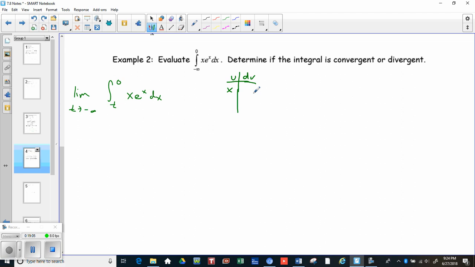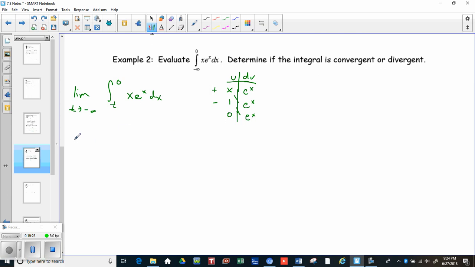So this will be x, that'll be e to the x. Taking the derivative of the left is 1, then 0. The antiderivative, fortunately, of the right is very simple. It's just e to the x. We're going to match these things up. Remember that this one stays the same sign, that one changes the sign. Don't have to worry about anything from 0 below.